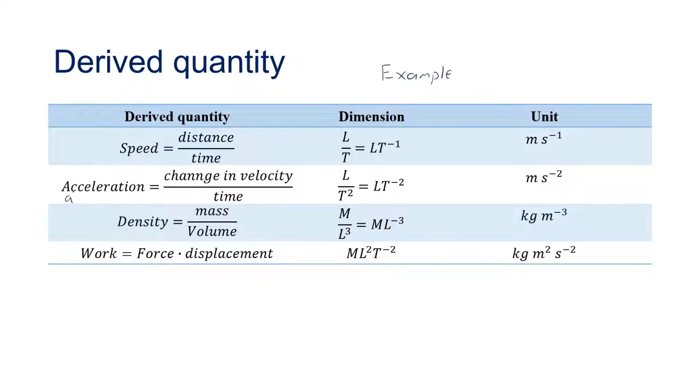We write it down as a, and the change in the velocity is delta v over t. So acceleration equals delta v over t.